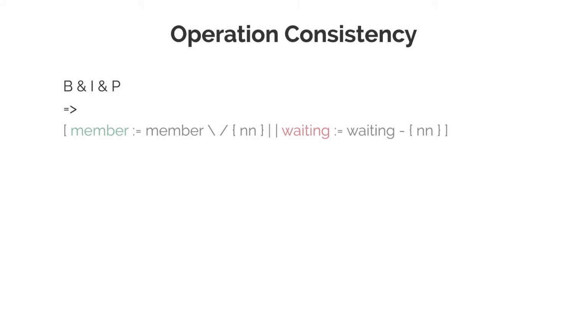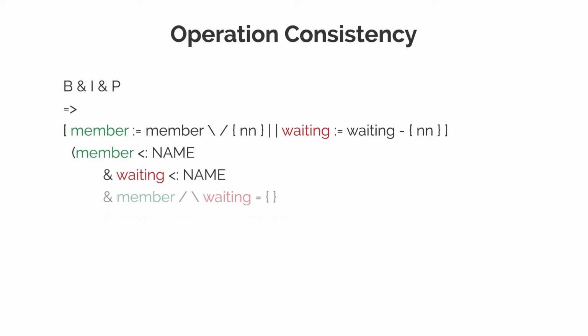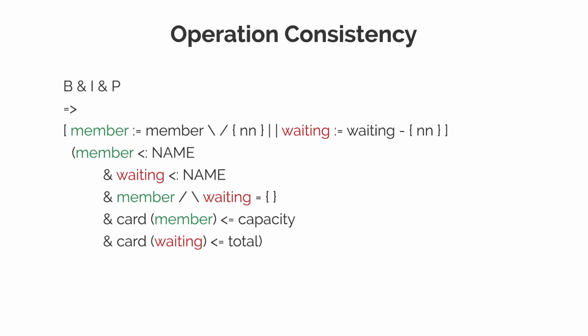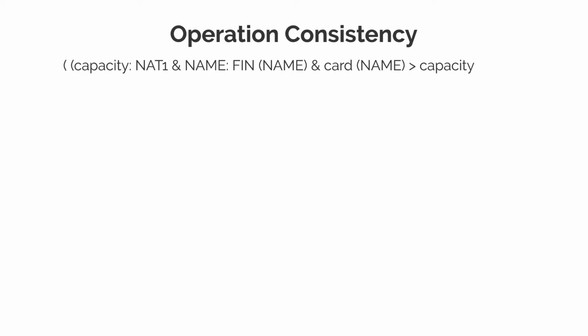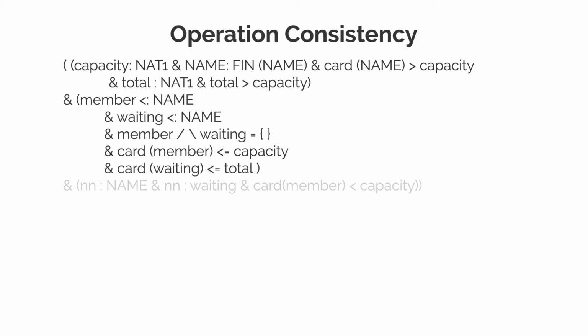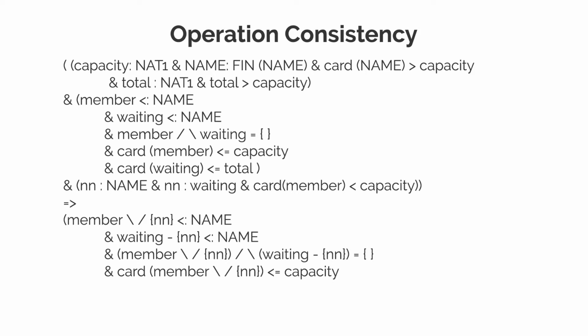So by replacing member with member union NN and replacing weighting with weighting minus NN, we have this predicate here. Now that we have this big predicate, we can take a look and see how we can prove that this implication is true.